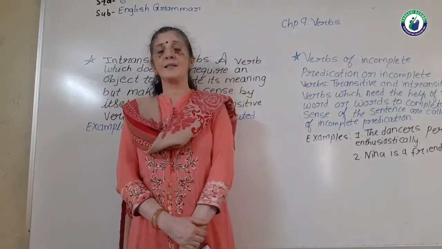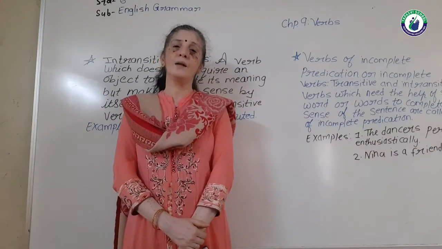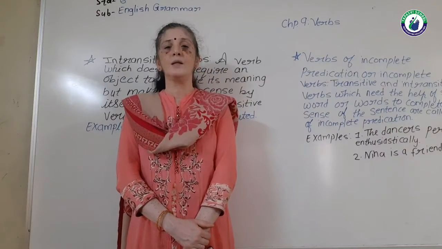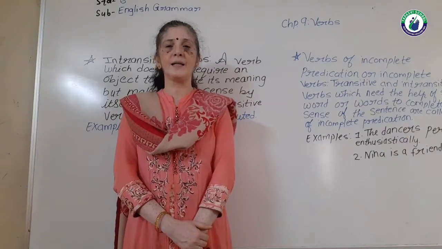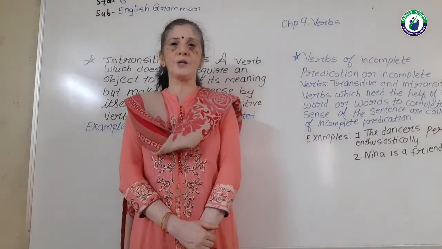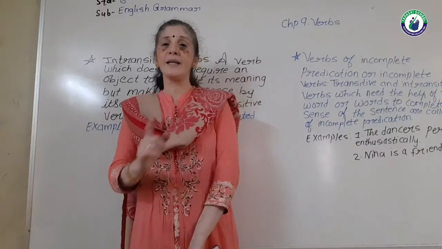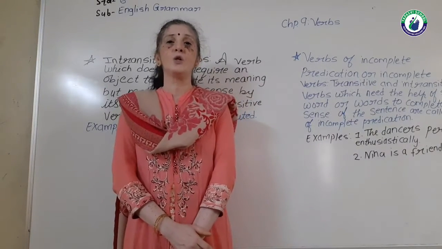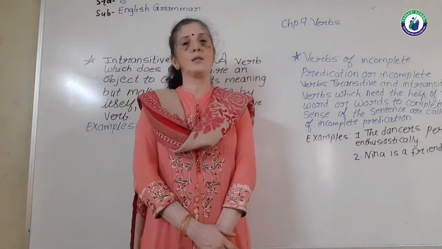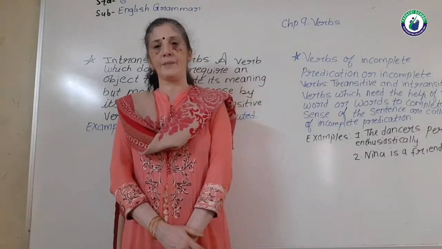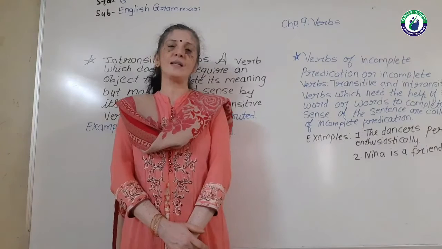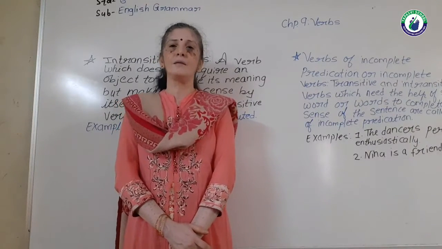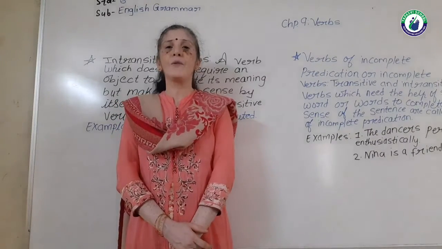But if I say you are learning well, so here are learning. See, learning is a verb, an action verb. And here are is added with learning. So here it is called an auxiliary verb or helping verb. For example, if I say you learning well, but when?